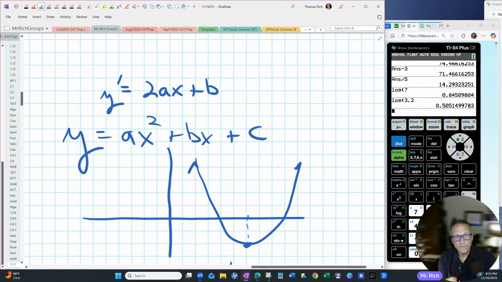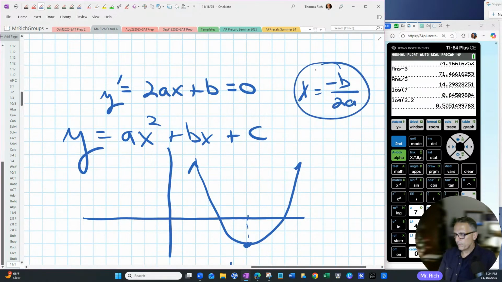And then if I said find the critical values of this quadratic, you would take the derivative and set it equal to 0. And if you solve that for x, you would subtract b and then divide by 2a. You would get x is equal to negative b over 2a. That's the critical value for the parabola when it's written in standard form.